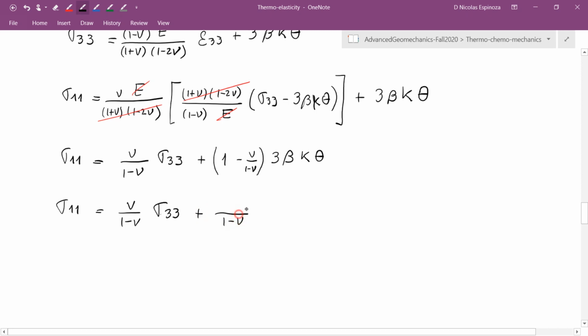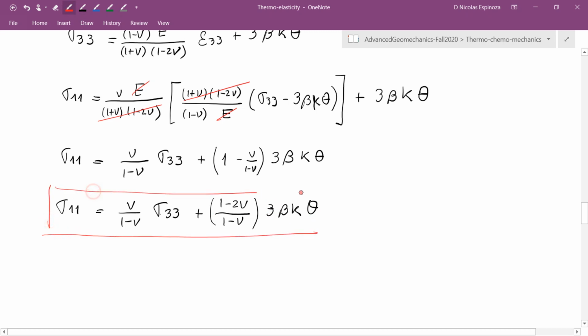And here, let me add this, and this is going to be 1 minus 2 Poisson ratios, adding these two terms, 3 beta k theta. Okay, so this is our equation, and now with this equation I can tell what is going to be the horizontal stress as a function of the effective vertical stress, and also as a function of the change of temperature and also the properties of the rock, beta and k.